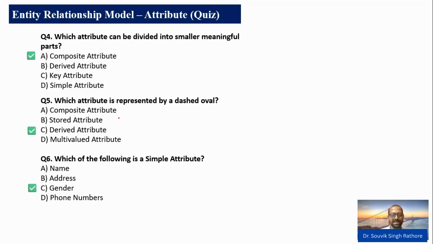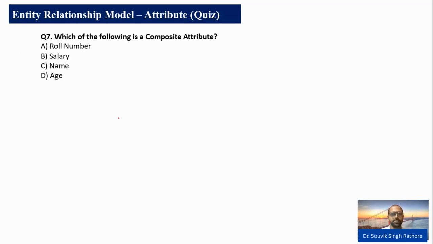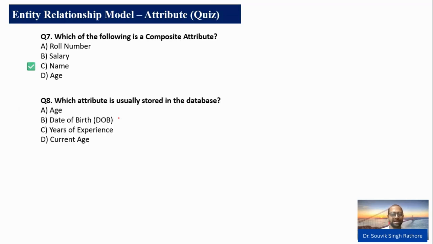It is a simple attribute denoted by a single oval. Which of the following is a composite attribute? So your correct answer is your name. Next question is, which attribute is usually stored in a database? Your age, your years of experience, and your current age can be derived from date of birth.